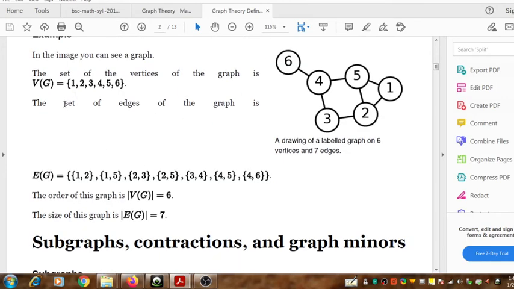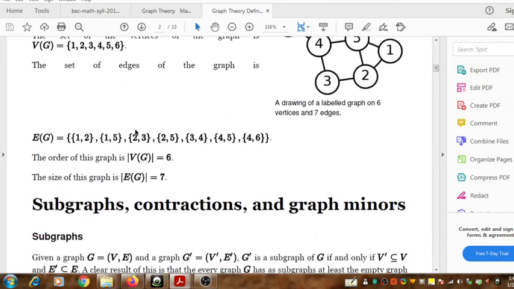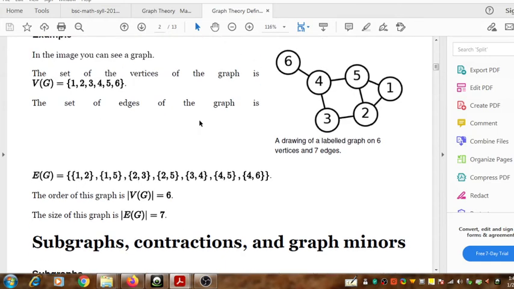The edge set of this graph is given here. E(G) is equal to {12, 15, 25, 34, 23, 46}.